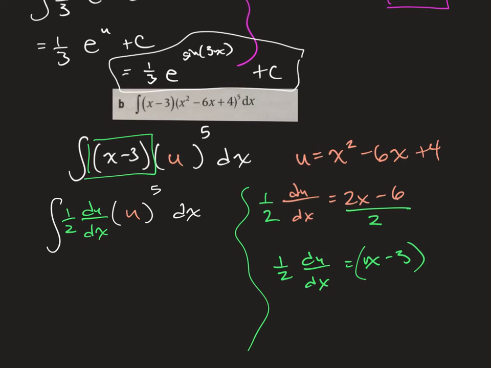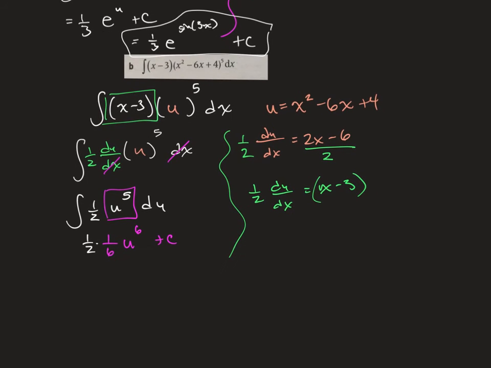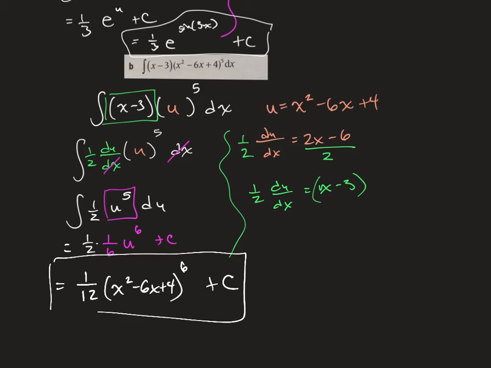Those dx's are going to simplify for me, and then I just get the integral of 1/2 u to the 5th du. U to the 5th, just this part right here, would give me the antiderivative of 1/6 u to the 6th plus c. We cannot abandon our 1/2, so that's going to get us 1/12 u to the 6th plus c, where u is x squared minus 6x plus 4. Cool.